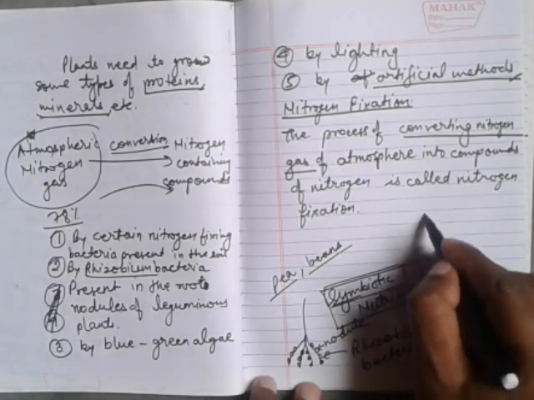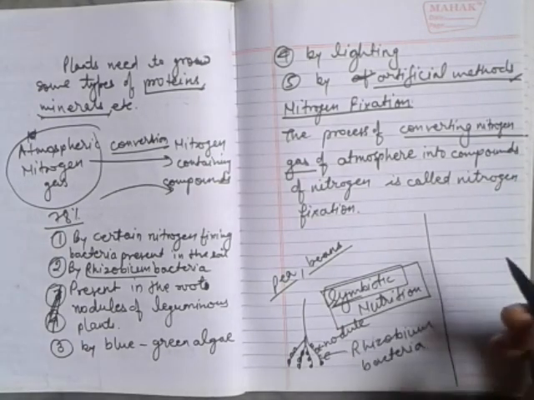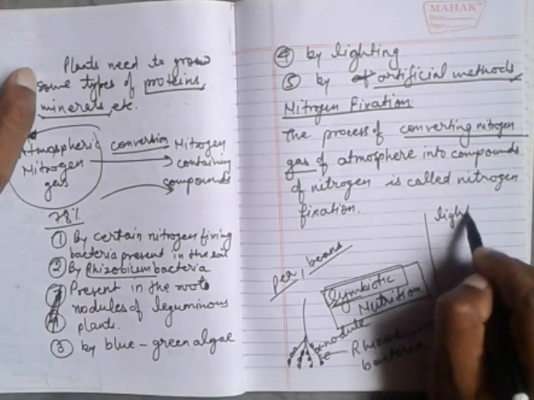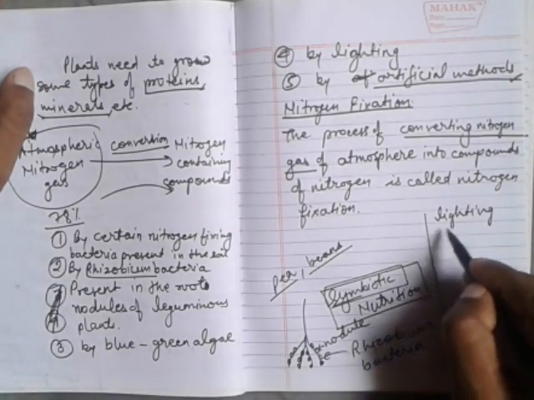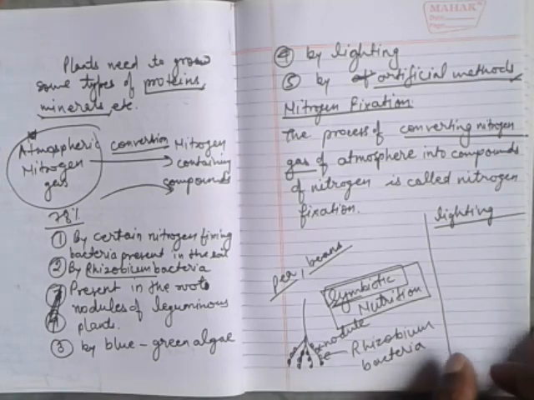Lightning is also responsible for the fixing of atmospheric nitrogen gas into the nitrogen containing compound. How? Let us know how it is performed.